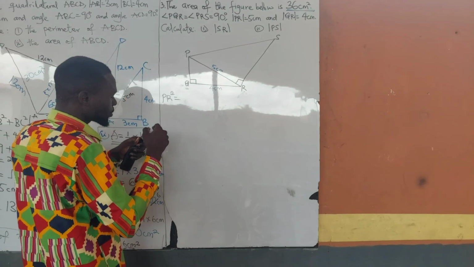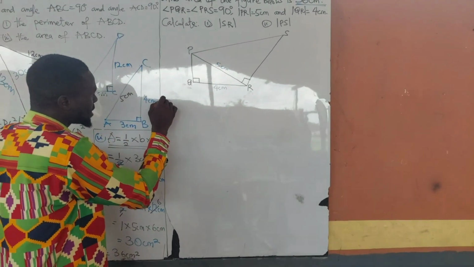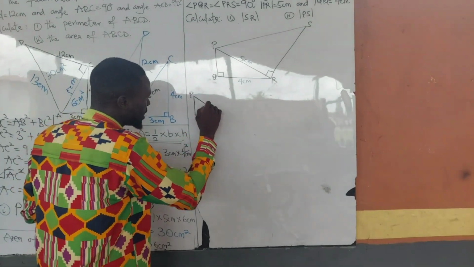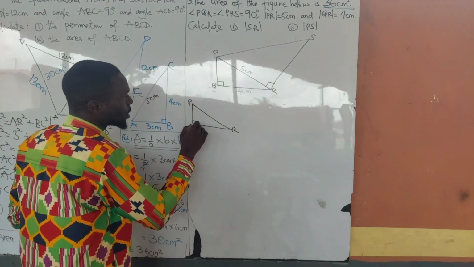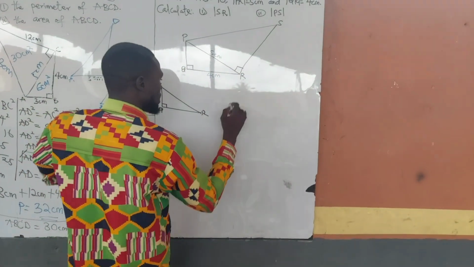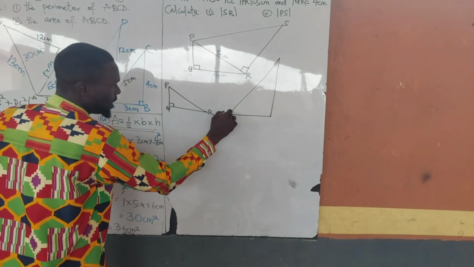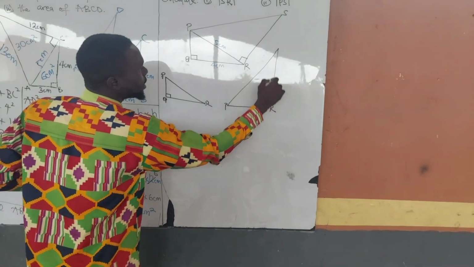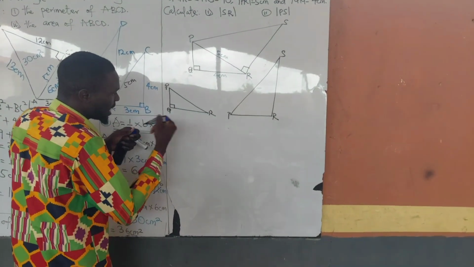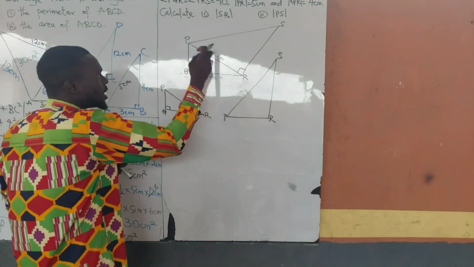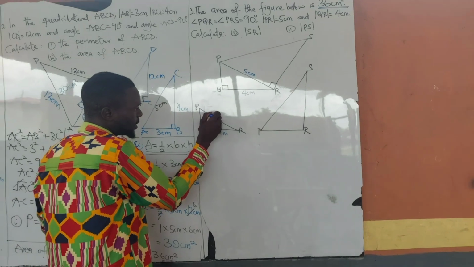If I split the triangle, I am going to get this as P, this is Q, this is R. Then if I also draw this one, this is P, this is R, this is S. So the QR here is 4, PR is 5 centimeters.